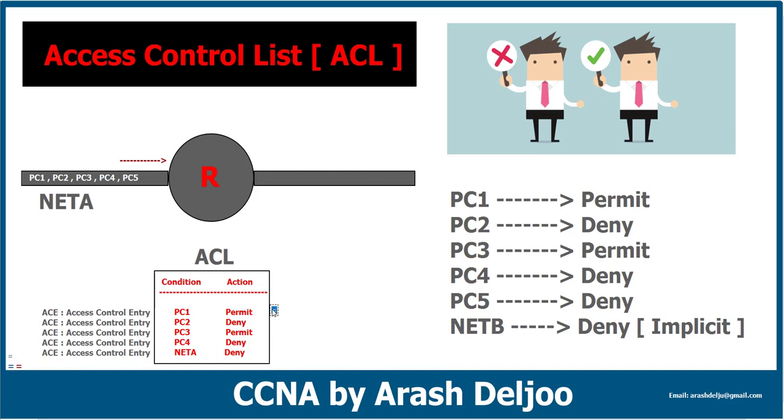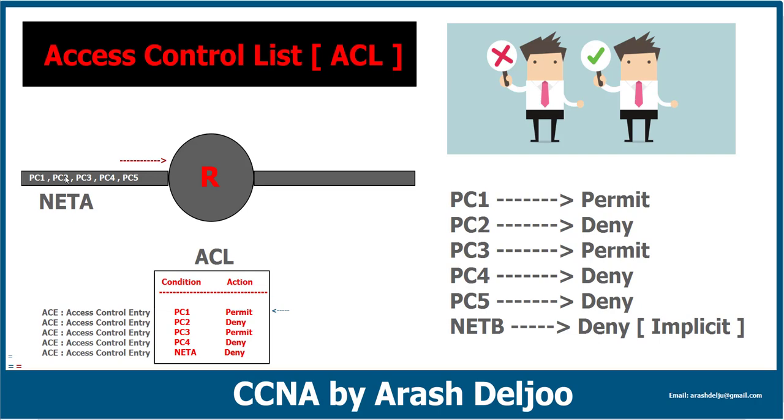If traffic is received from PC1, it should be permitted, and you know that after matching one line, we don't look up the other lines again. The first line is the preferred line, and we are using it. Because of that, finally the PC1 traffic is permitted by the router.